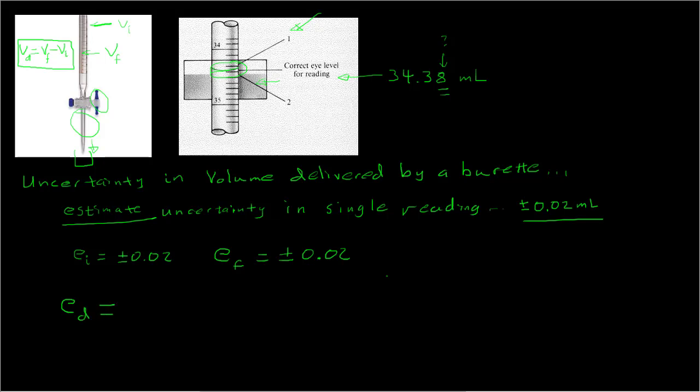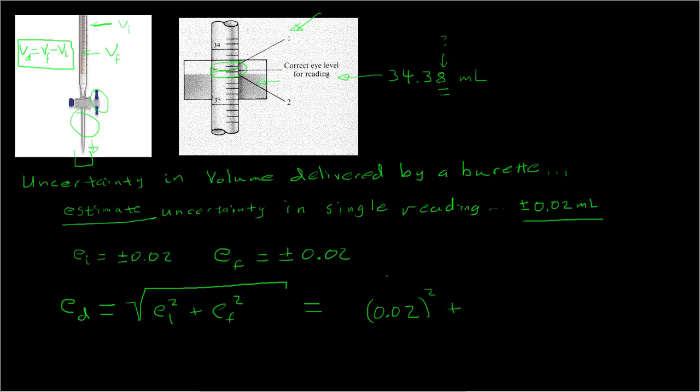Our formula tells us that it is the square root of E sub I squared plus E sub F squared. Now we just need to plug numbers in. We have 0.02 as our uncertainty in the initial measurement. That's going to get squared.